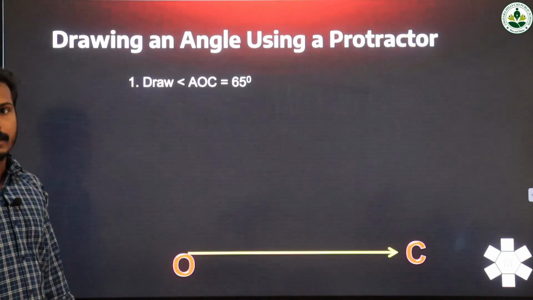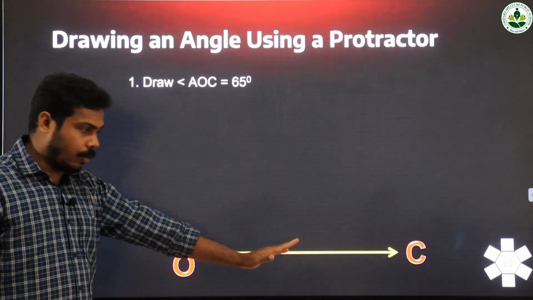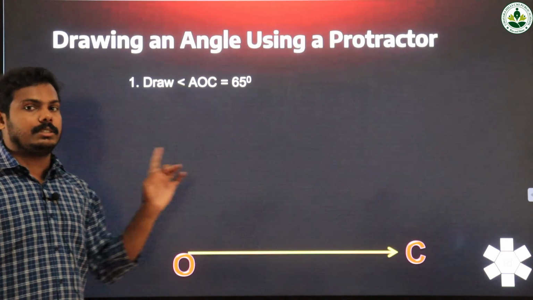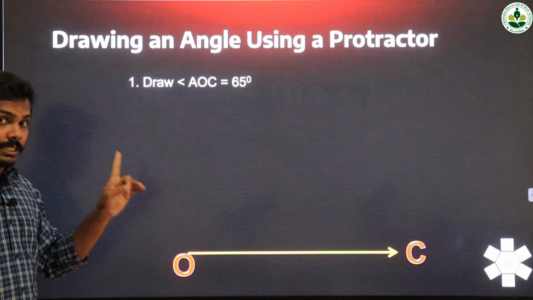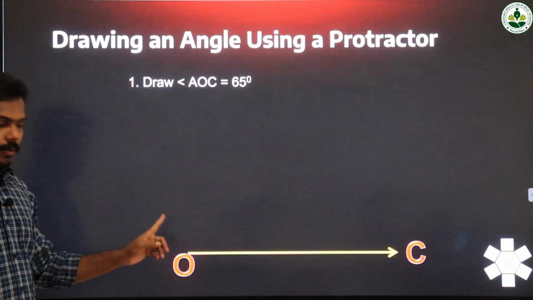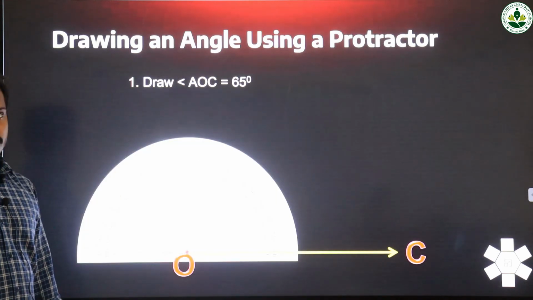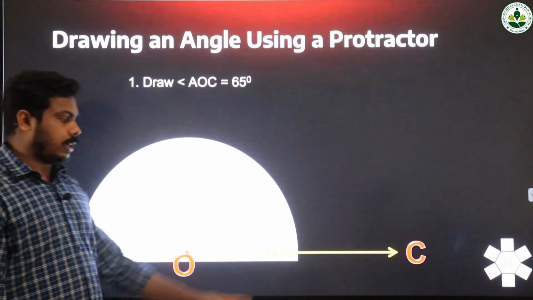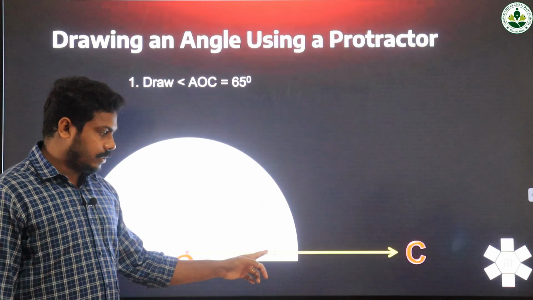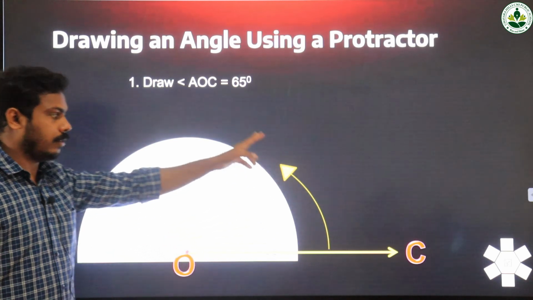Then the next step is to place the protractor baseline over this arm OC in such a way that the center of the baseline lies exactly over the vertex O. Then here the 0 is on the right side, so start counting from 0 up to 65 degrees.